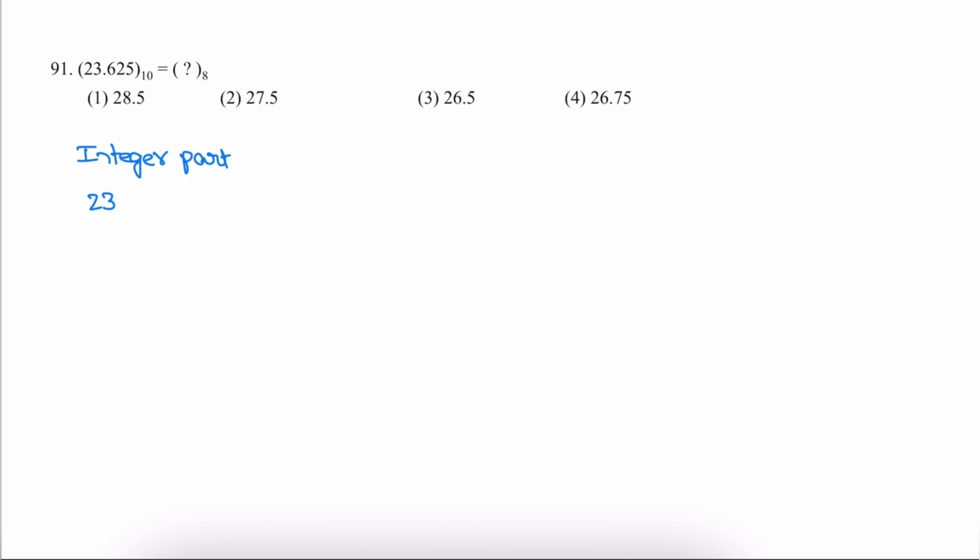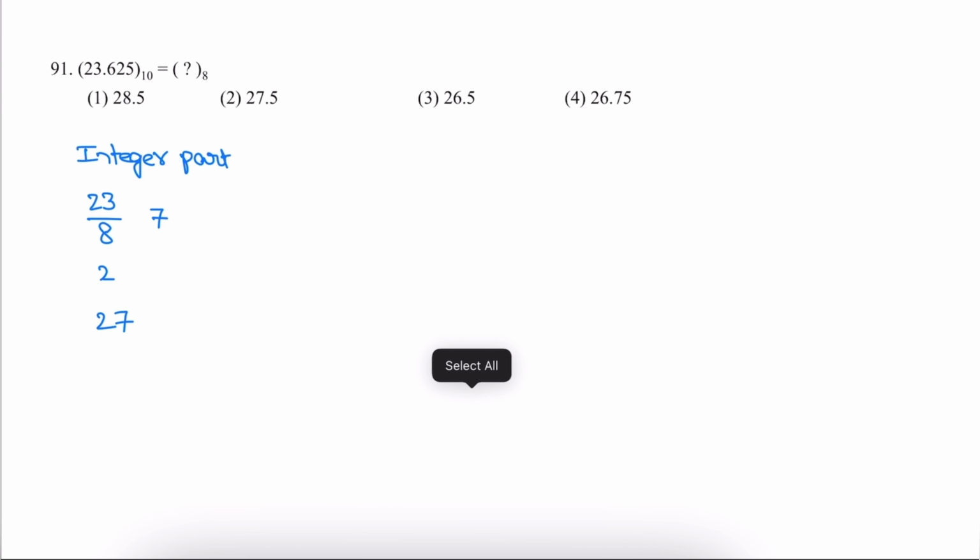So that is 23 divided by 8. The quotient is 2, remainder is 7, and its value is 27.